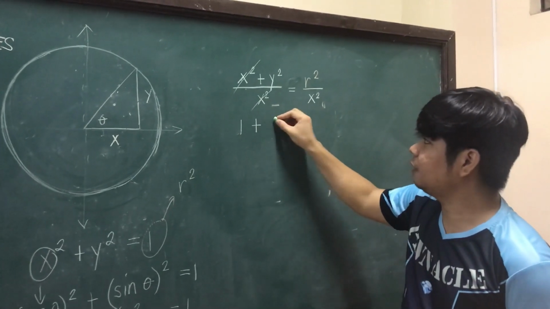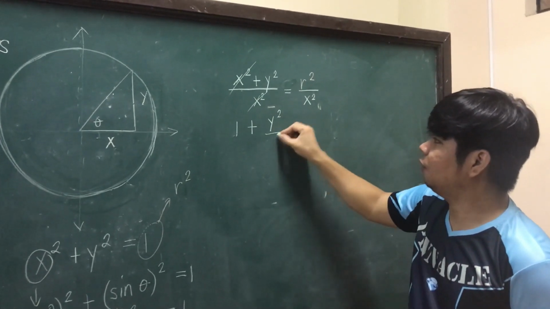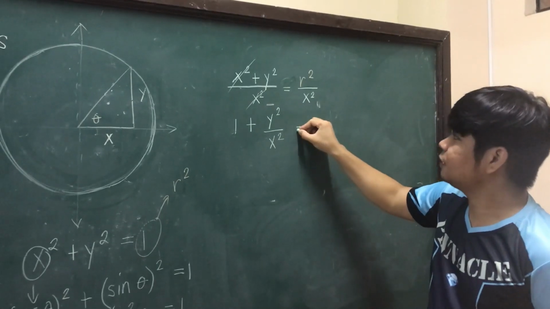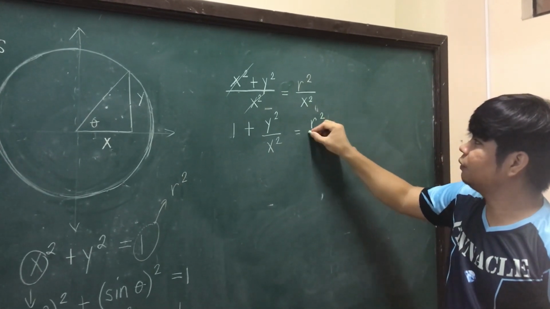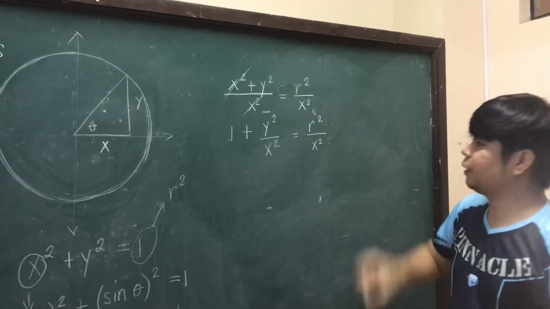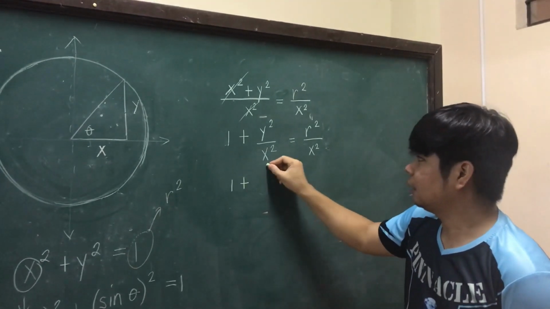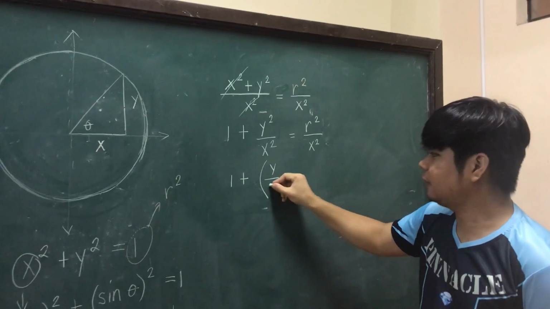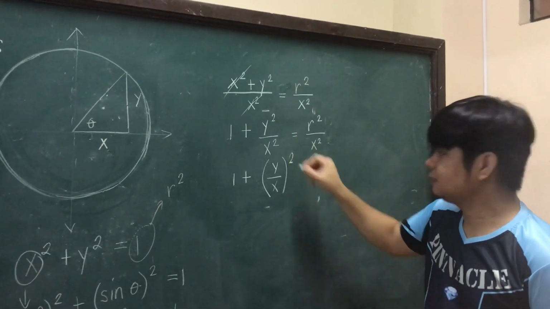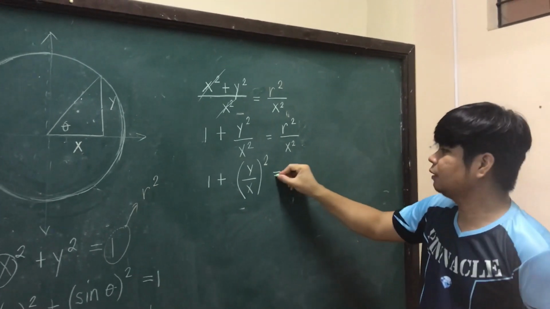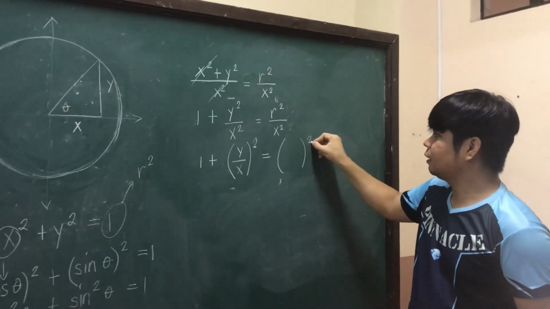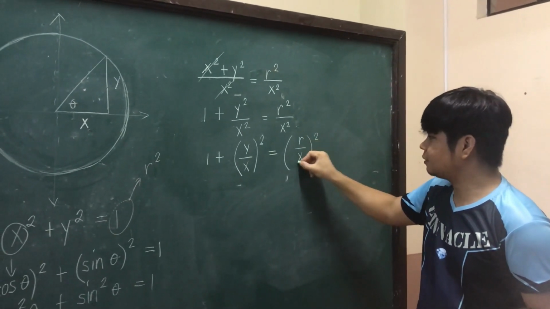So what is left here? We have y squared over x squared is equal to r squared over x squared. Factor out. So we have y over x squared is equal to the square of r over x.